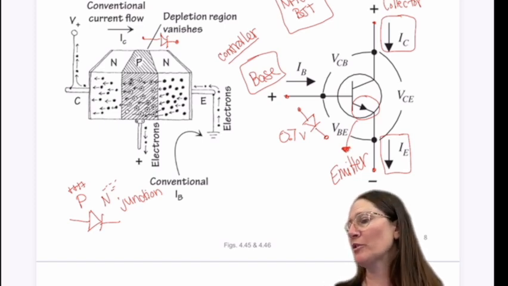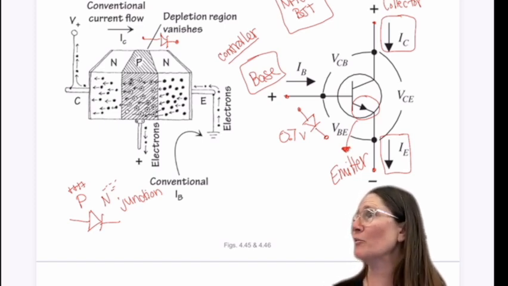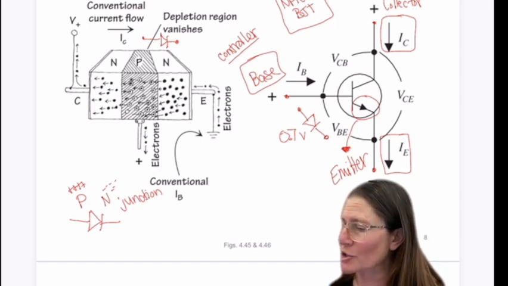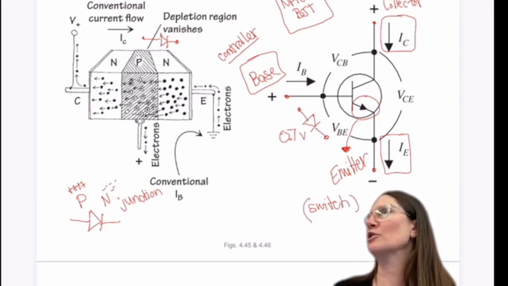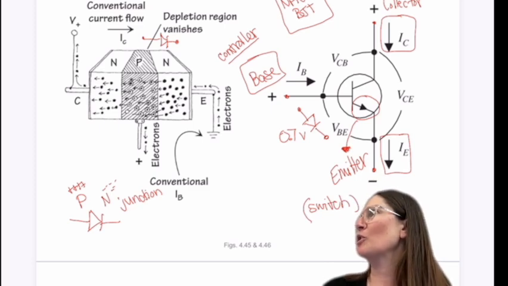Most of the applications you will look at will probably be a switch application, where once it's on, it switches the current to flow from your collector to your emitter. That is the most common way of using this for you guys.